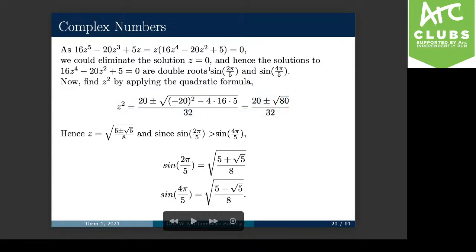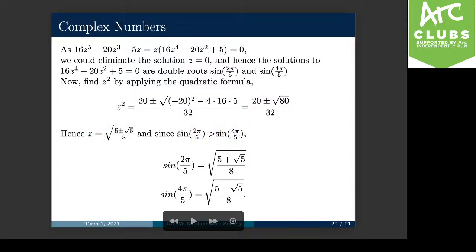And you're trying to find z because the only two solutions that are left are sine 2 pi over 5 and sine 4 pi over 5. So then z will just be the square root of the result we found in an earlier stage over here. But note that sine 2 pi over 5 is actually bigger than sine 4 pi over 5. We know that the two solutions are either of these two.